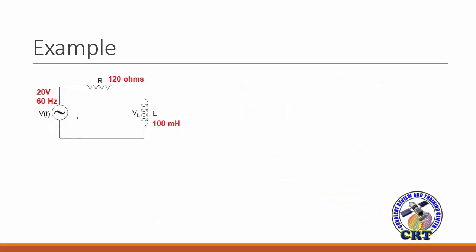Next example, this is a series RL circuit. For series RL, voltage leads the current by theta. First, let us calculate XL.